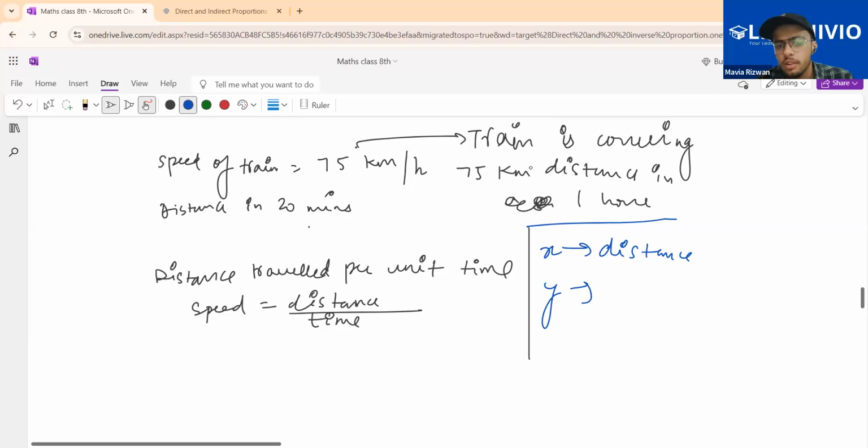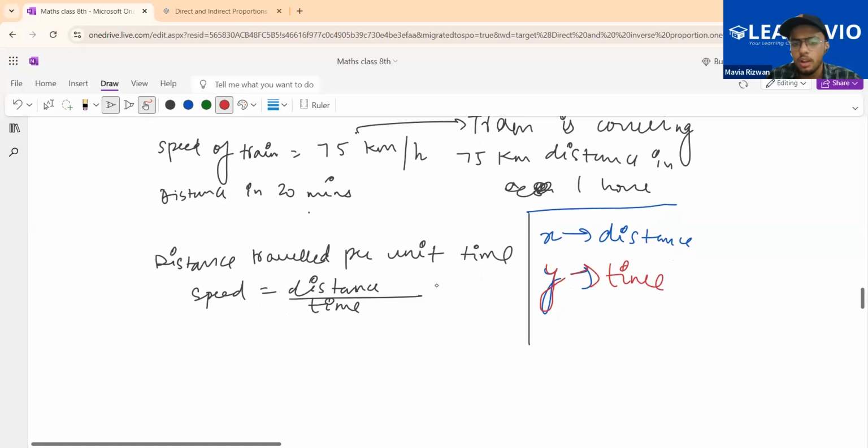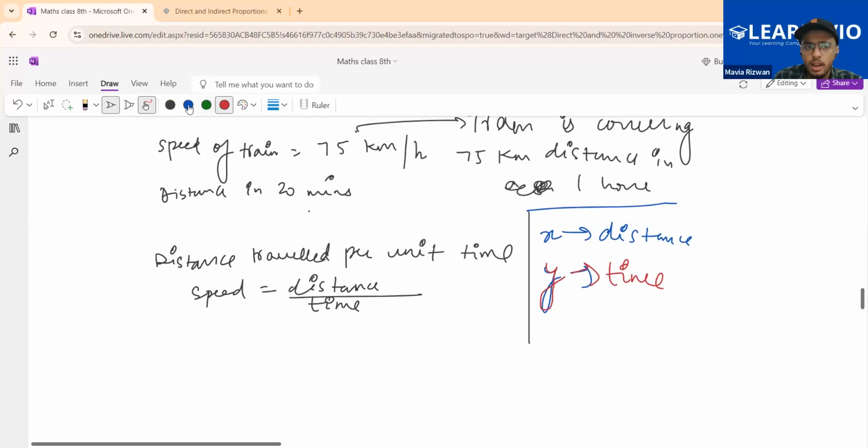Okay, so x is denoted by distance and y I'll denote by time. Okay, so y was time. Now I can say that x1 was 75 kilometers and y1 was 1 hour.